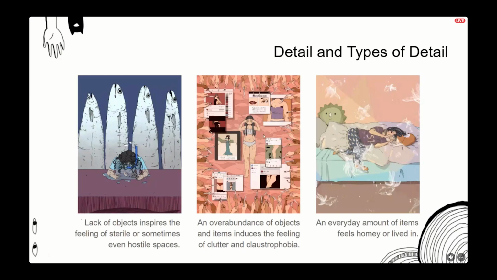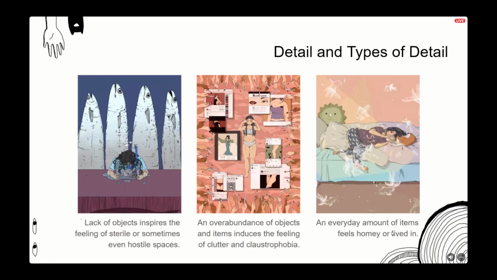And then also an overabundance of objects and items induces the feeling of clutter and claustrophobia. That's why I really loved putting all these hands around the edges and then the fish in the background. Because if you take out the fish, it feels a little bit more open. It feels a little bit more okay and welcoming. But with all these different layers in here, you feel so overwhelmed, kind of like the girl in the middle.